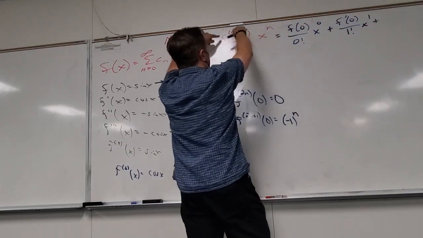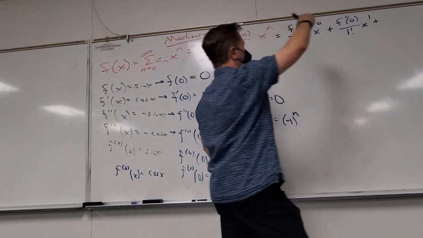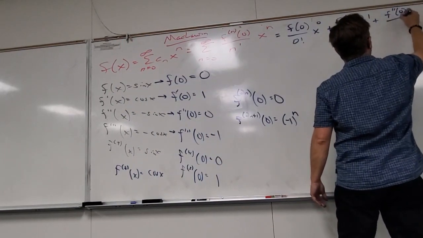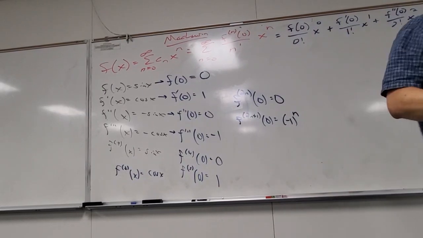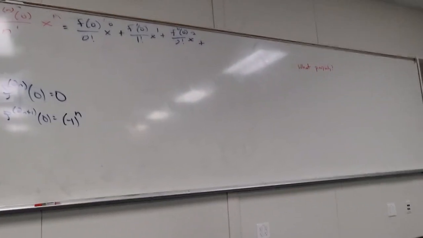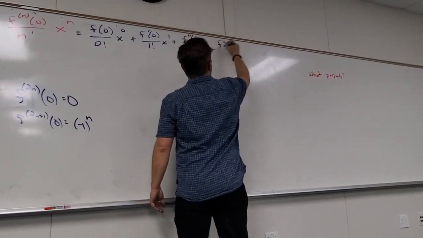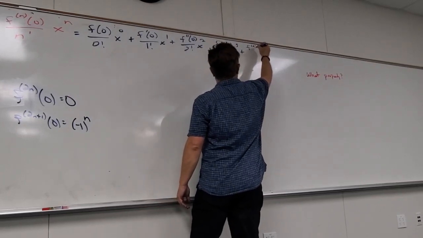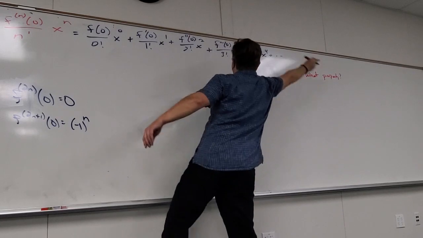I'm just putting values of n in, and then I'm going to worry about what it is. F double prime of 0 over 2 factorial x squared plus f triple prime of 0 over 3 factorial x cubed plus, let's just do up to 4. I think that's plenty. Of course, it keeps going.